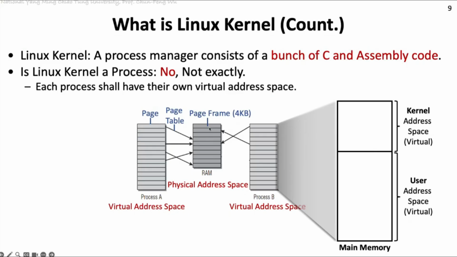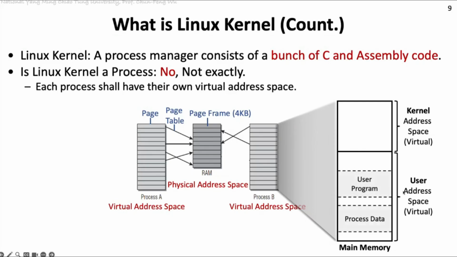For every process, the topmost 1 gigabyte is allocated for the Linux kernel. This is why I say the kernel doesn't have its own virtual address space: the Linux kernel shares its virtual address space with the user process. Originally this is the address space for the user process, but each process allocates 1 gigabyte for the Linux kernel.